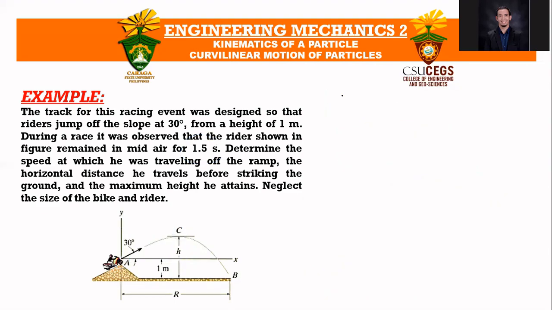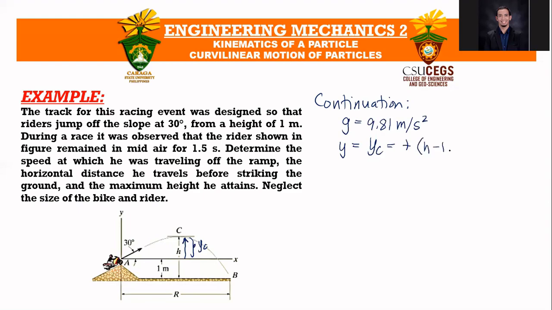For the other givens, our gravity, since this is SI, would be 9.81 meters per second squared. The Y, which is the final position, at point C, would be equal to YC. So it is measured from the x-axis going to point C. And since it is upward, that would be a positive value, and that is equal to h minus 1 meter.